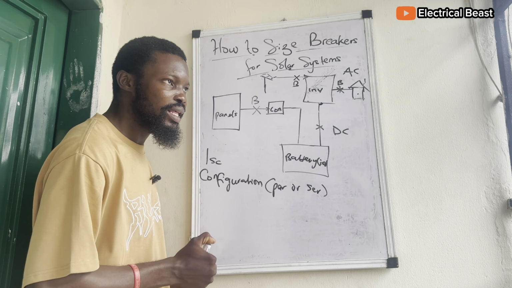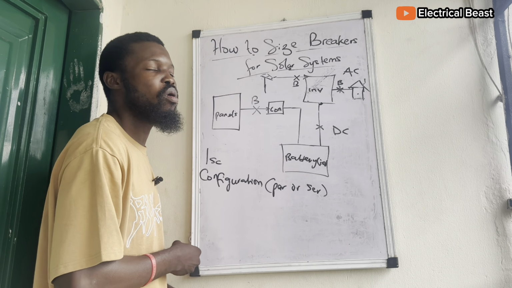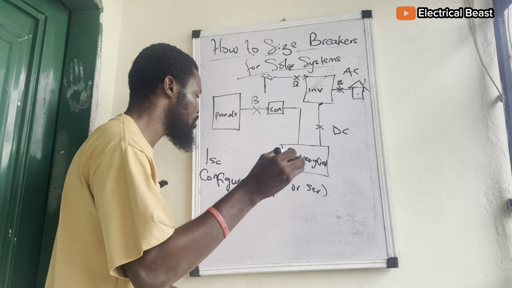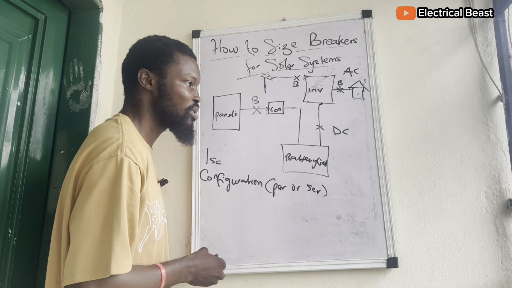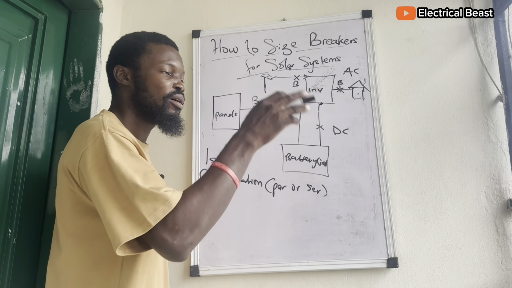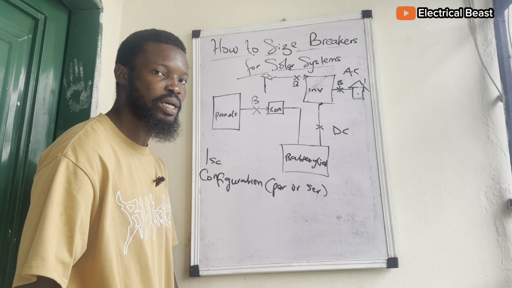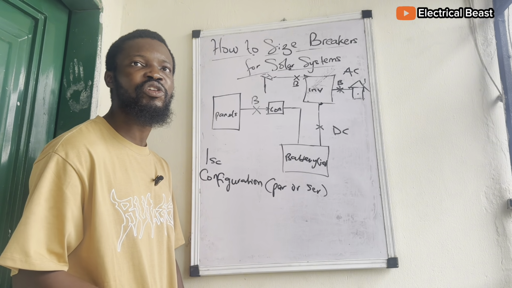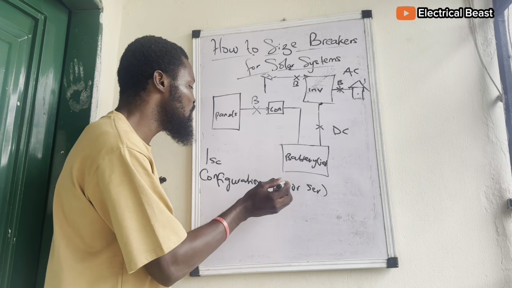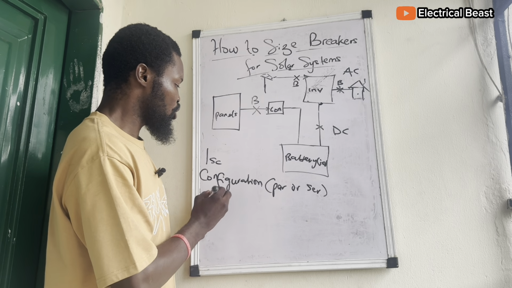You see that parallel and series connection comes in each time, all the time, because it's a very important topic in solar systems design and installation. If you understand parallel and series connection, 40% of your solar problem is gone. 40%, I can tell you. Because almost everything you do in solar systems, you need to consider these things. Now, I'm going to show you how to do it.